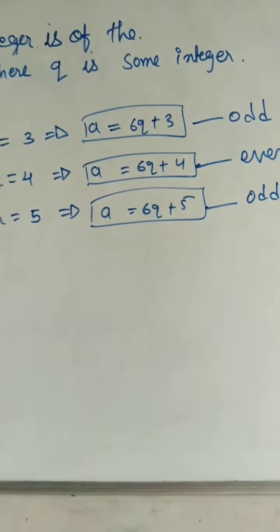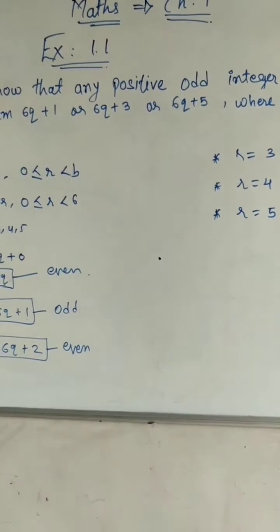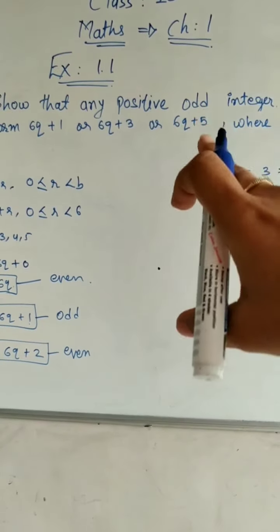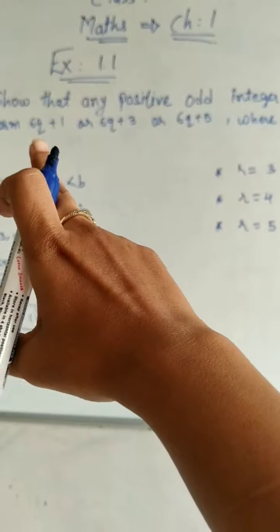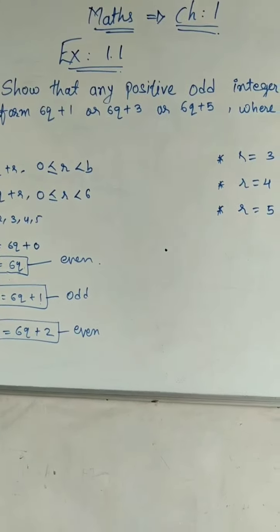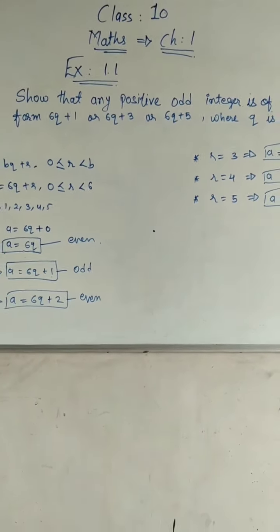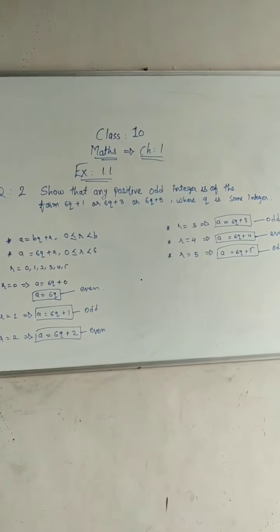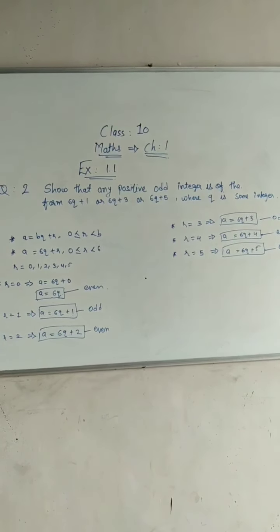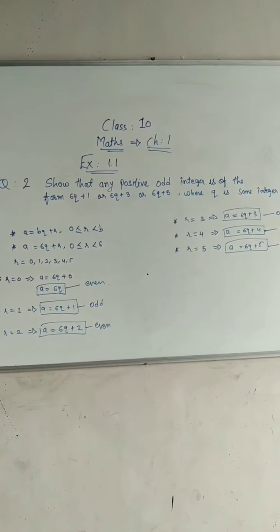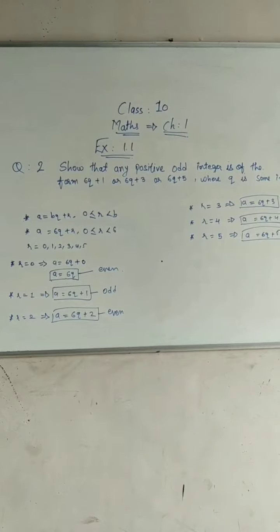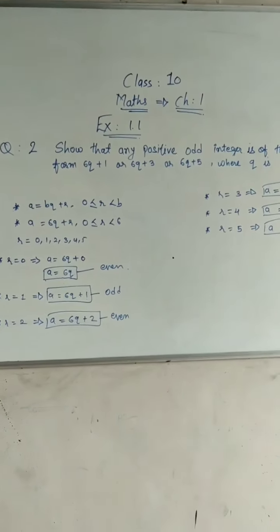So we will again read the question they have asked. They have asked us to find odd numbers, and the odd numbers are 6q plus 1, 6q plus 3 and 6q plus 5. So as you can see from the board, this whole process shows whether these numbers are odd or even. If they had asked you to find even numbers, you would have to mention even numbers. But they asked us to find odd numbers.